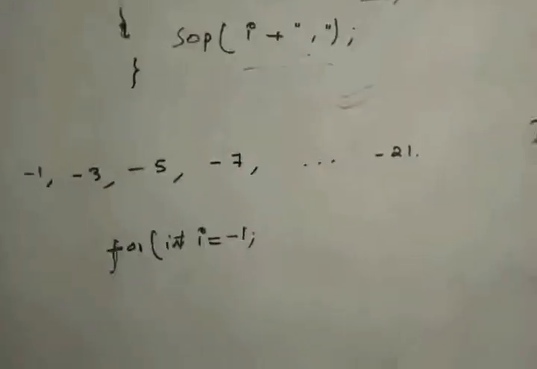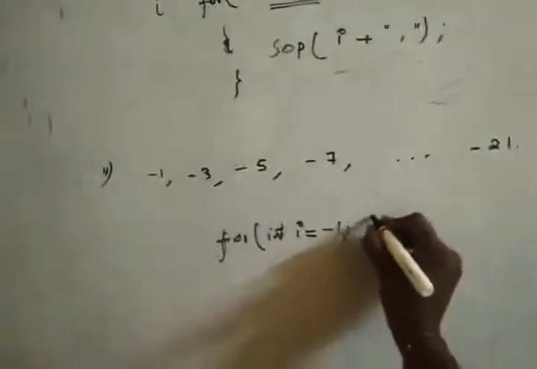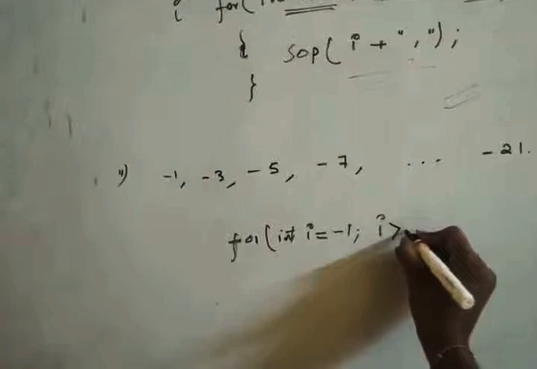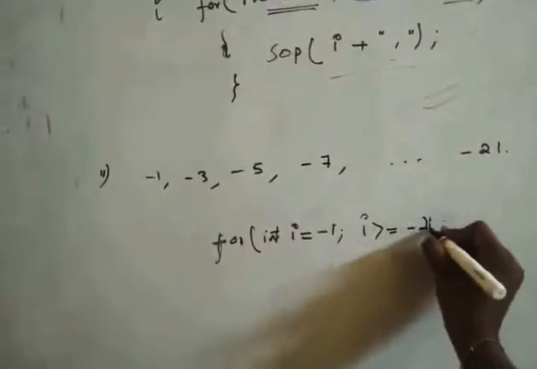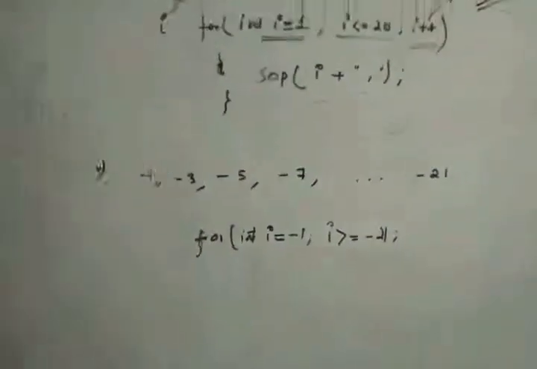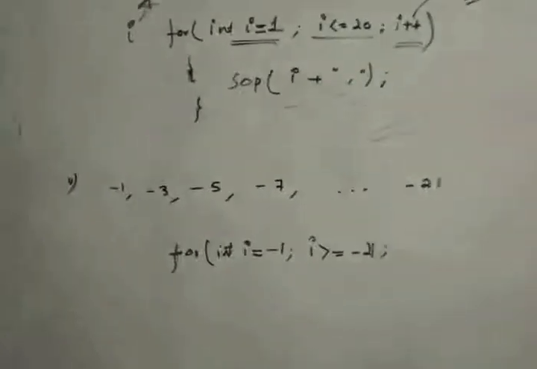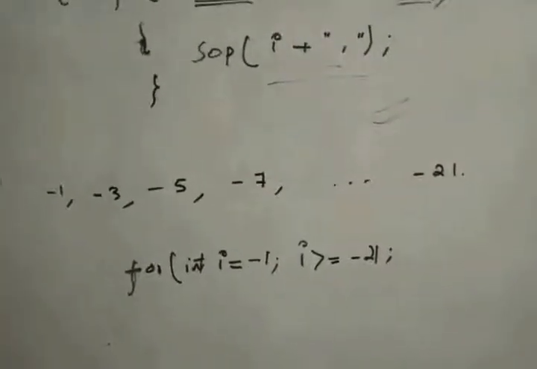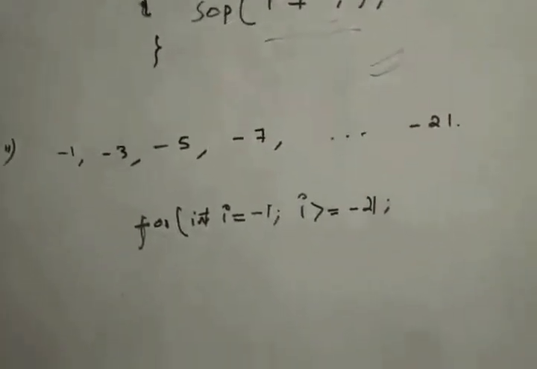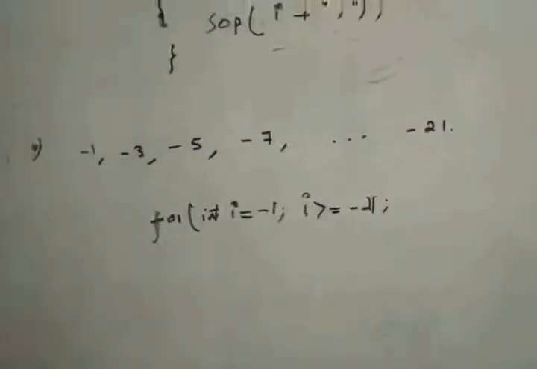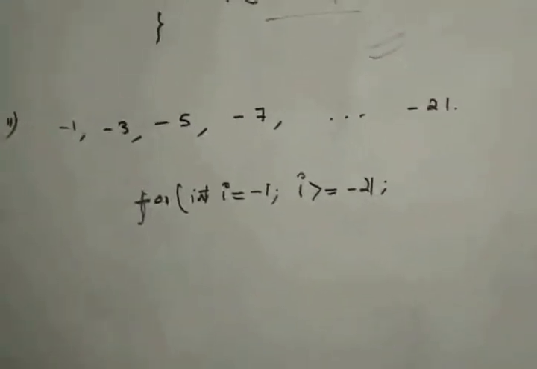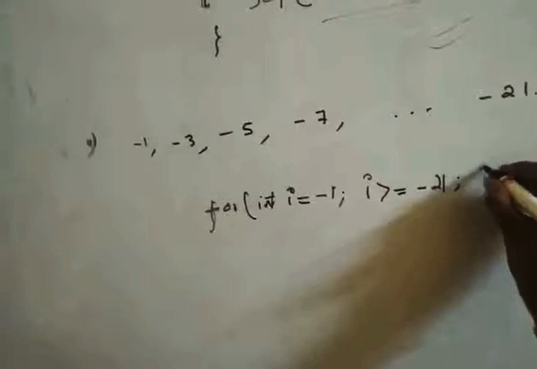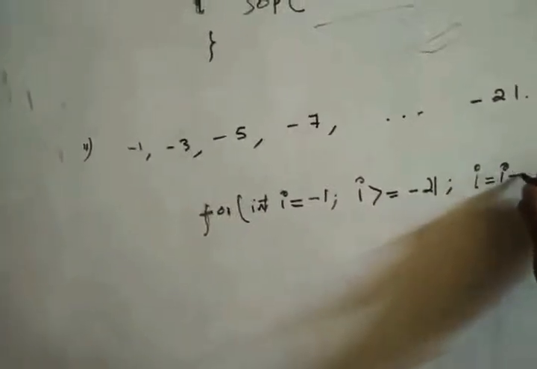So what will happen? Let's write I should be greater than or equal to -21. Till the value of I is greater than or equal to -21, it will keep on printing. And what is happening? The value of I keeps on decreasing by 2. So we'll write I equals to I minus 2.